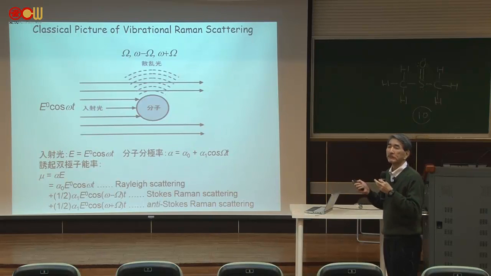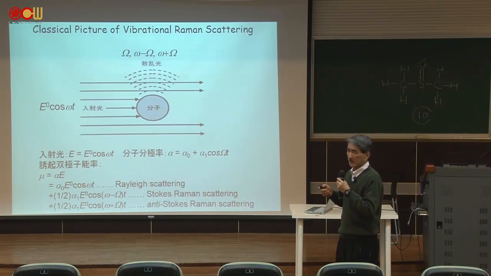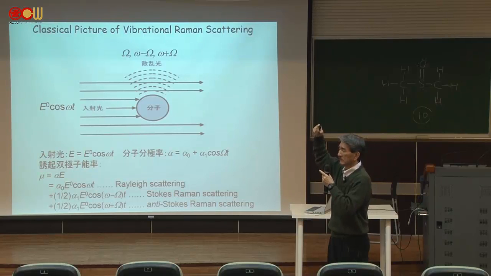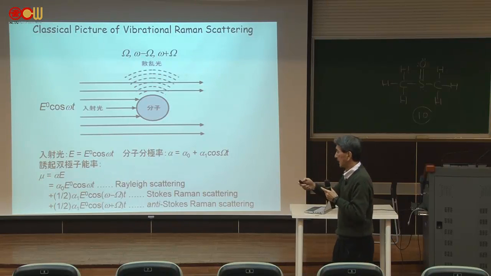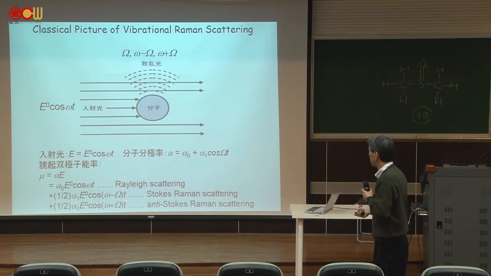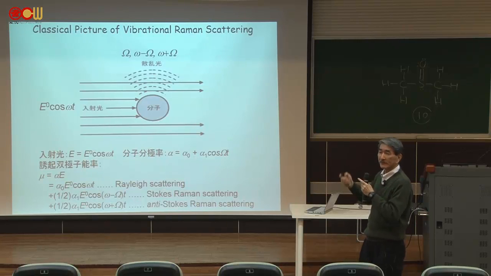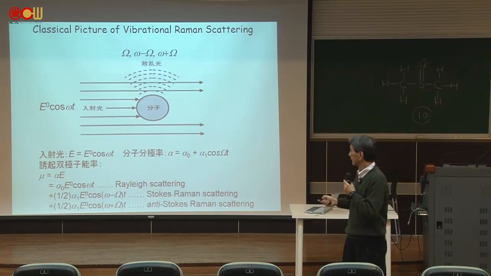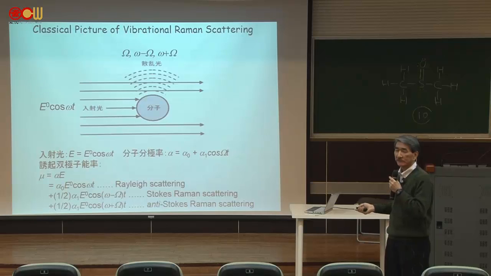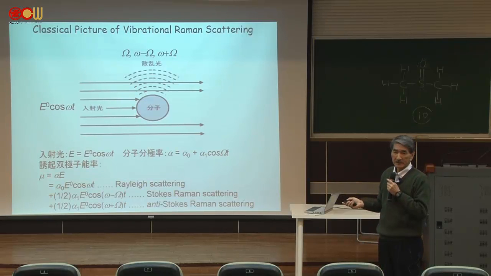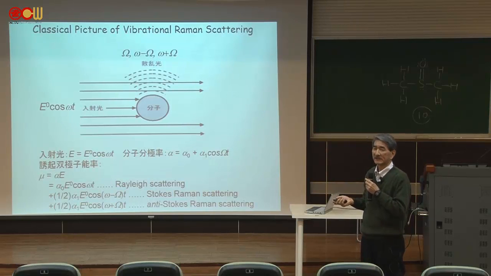So it is a very simple picture. Incident light affects the molecule, and the molecule is vibrating. So there is a sum and a difference part of the frequency, which corresponds to Stokes and anti-Stokes-Raman scattering. So it's a very simple way of explaining Raman scattering.